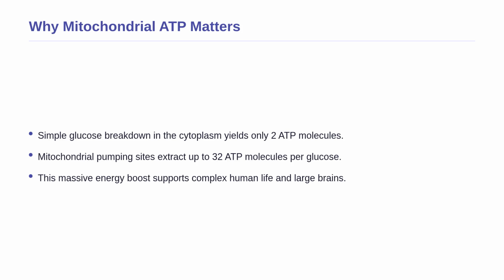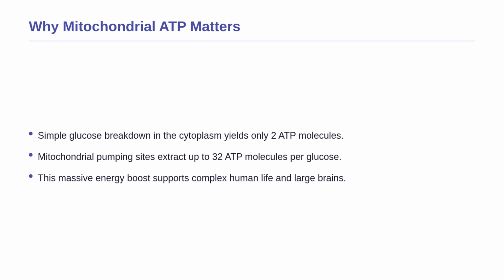You might be wondering, why does it matter exactly where and how ATP is produced in the mitochondria? Well, if our bodies relied solely on the simple breakdown of glucose in the cytoplasm without mitochondria, we would only get a measly 2 molecules of ATP per glucose molecule. That is barely enough to keep a simple single-celled organism alive.